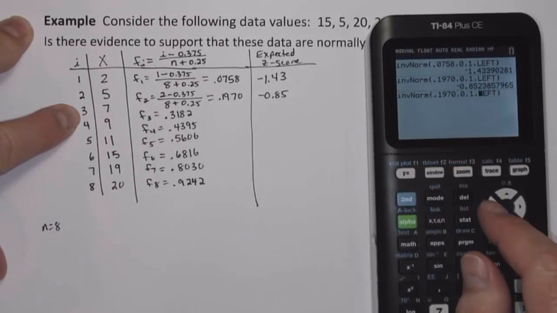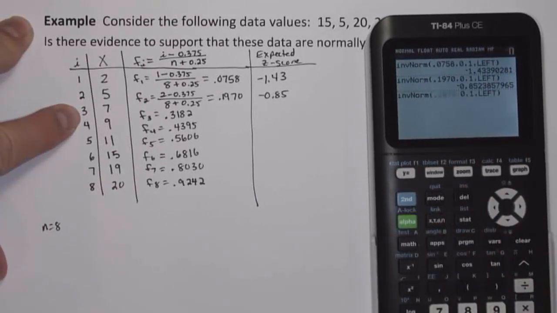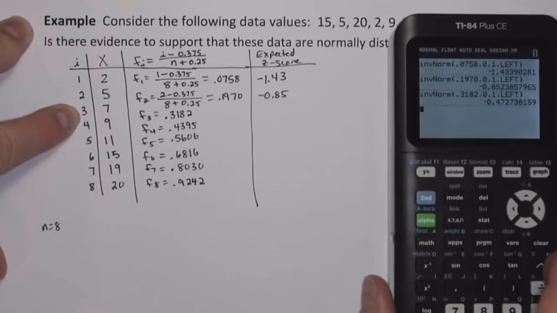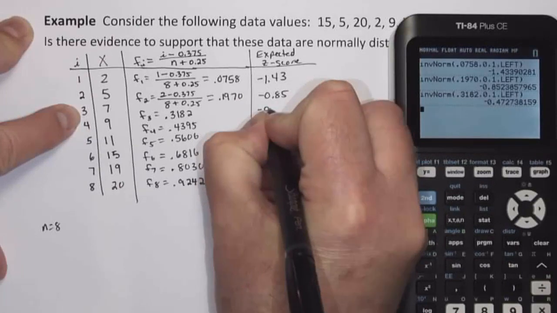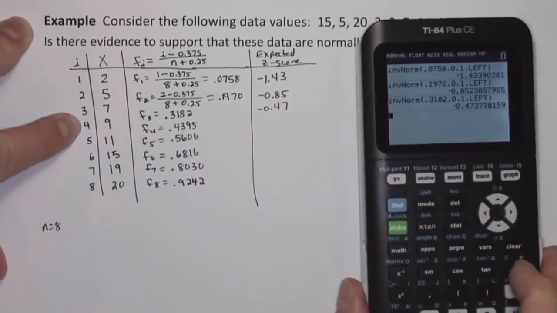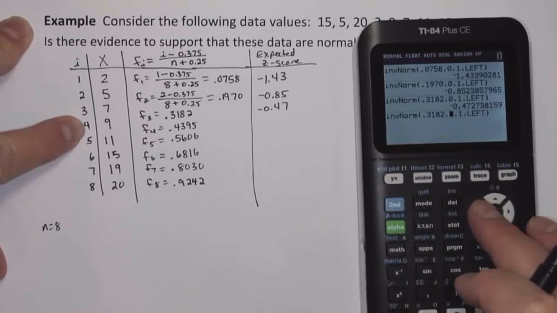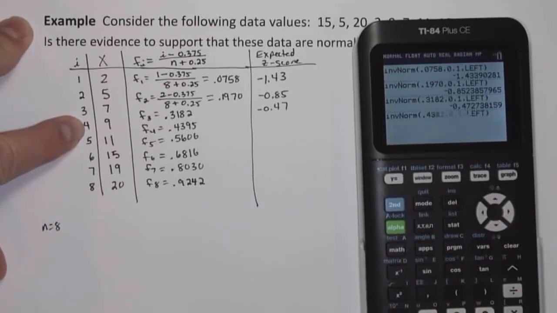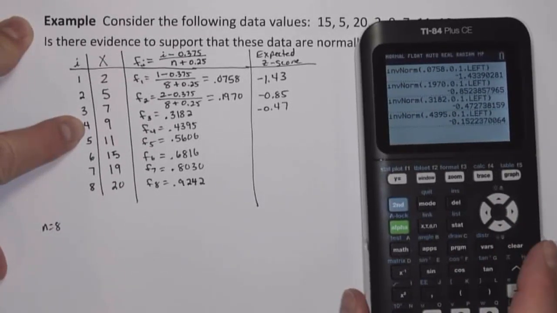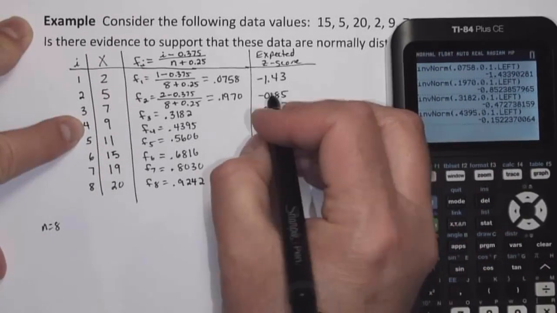Next, 0.3182 is the area to the left, so that z-score would be negative 0.47. Next, 0.4395 is the area to the left, so that is negative 0.15.